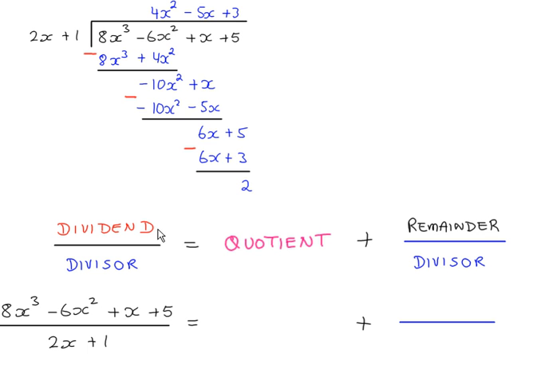So the dividend is this, the divisor here, the quotient from here, the remainder from here, and the divisor here.